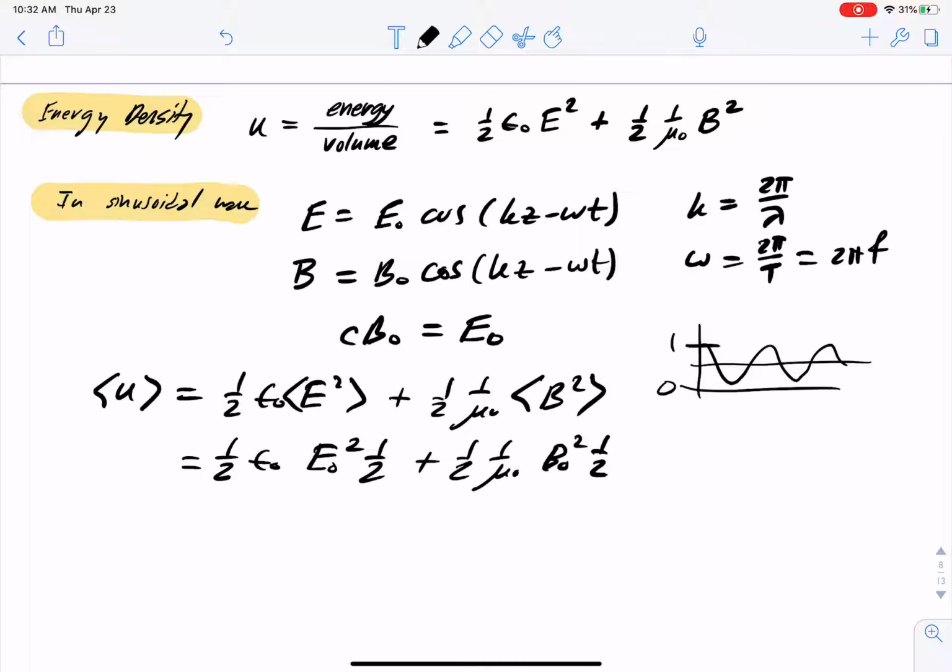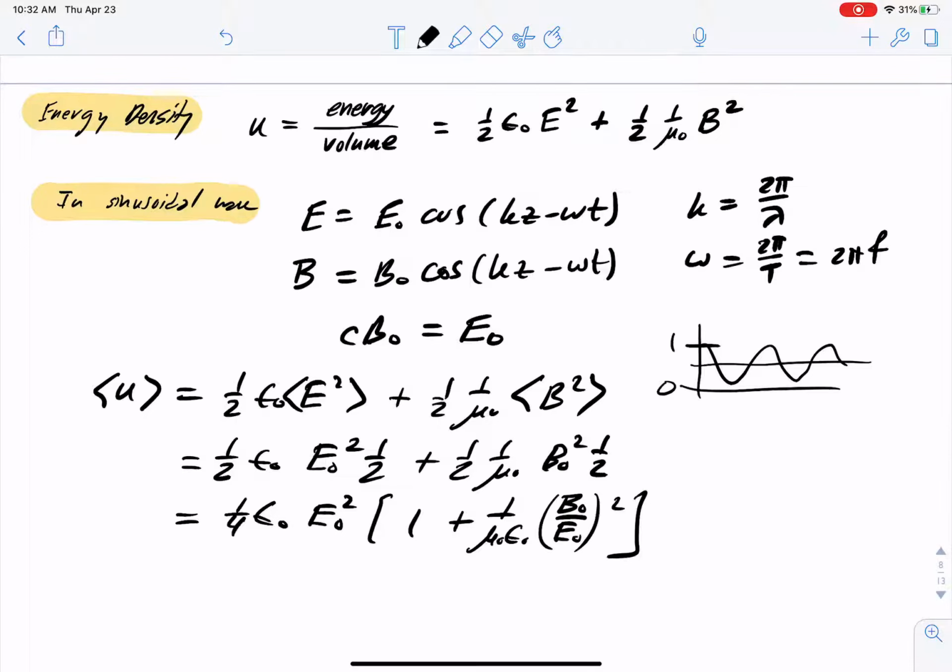Okay, so we could write this. You take out those two, multiply the halves, take out epsilon naught, and then E0 squared. So this would be 1 plus something that seems like a weird thing to do.